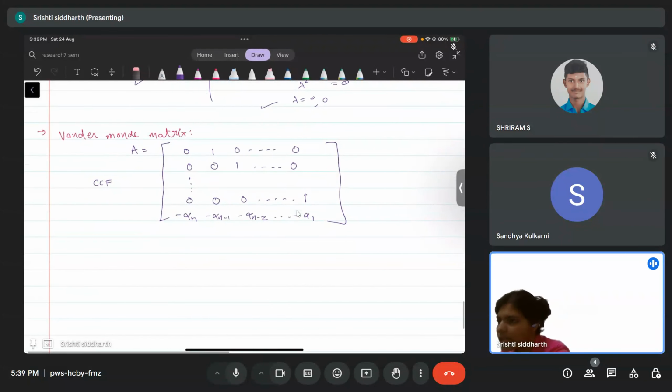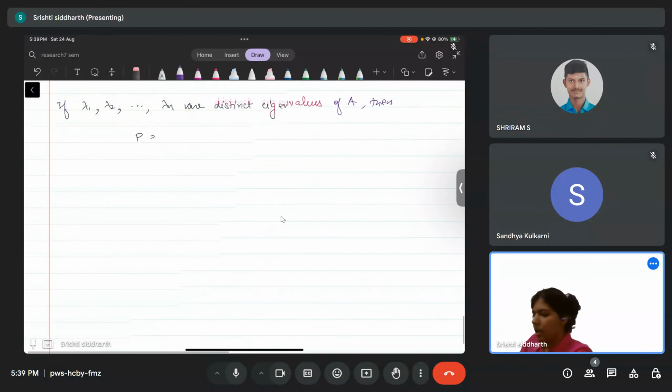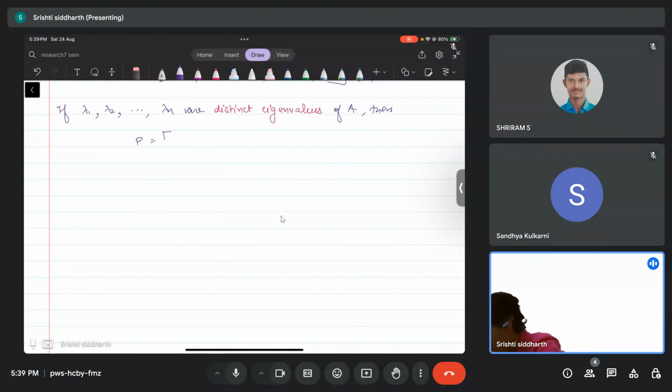So if this is the case and if lambda 1, lambda 2, till lambda n are distinct eigenvalues of A, then the P matrix, the transformation matrix, is quite simple. You don't have to calculate the eigenvectors and then arrange them column wise.